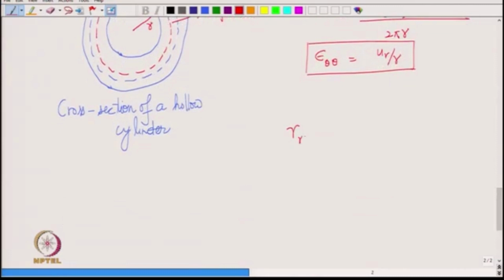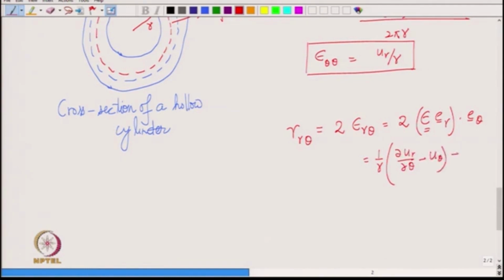So, gamma r theta is 2 times epsilon r theta, and that is equal to 2 times epsilon E r dot E theta, which we know as 1 over r of del u r over del theta minus u theta plus del u theta over del r.